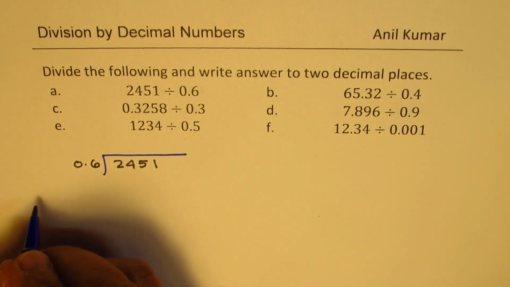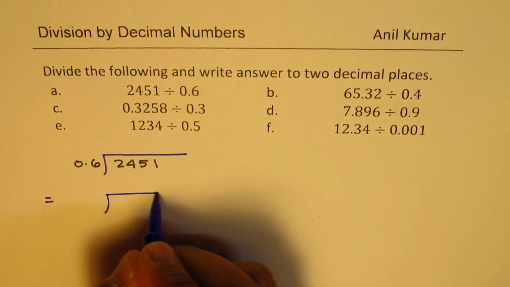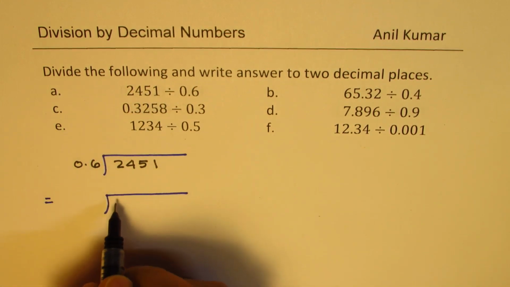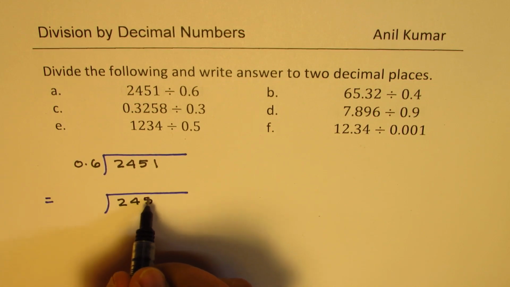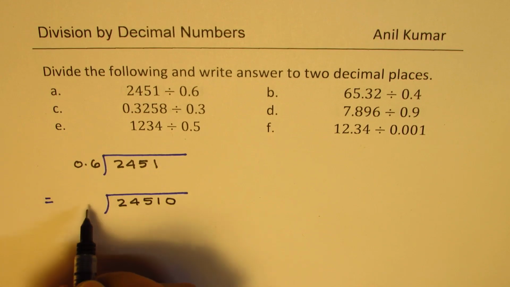So the question can now be changed, and it could be thought of as dividing, instead of 2451, we'll multiply this by 10, so it becomes 24510, and we'll multiply this also by 10, so now it becomes just the number 6.